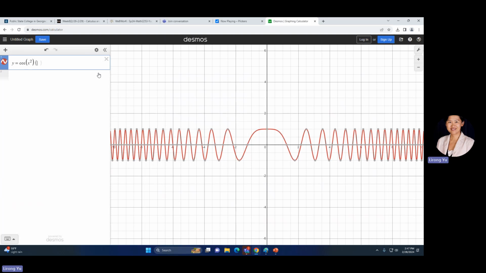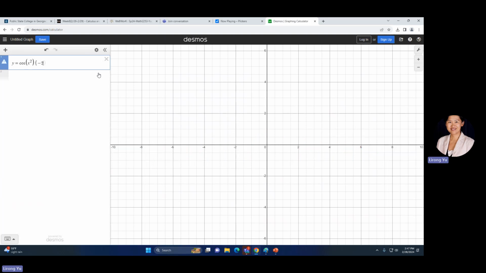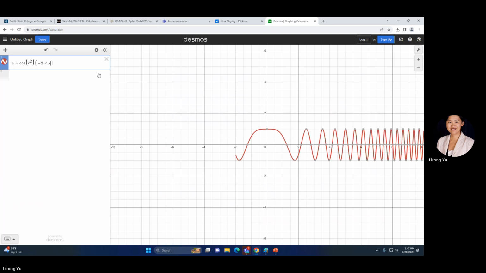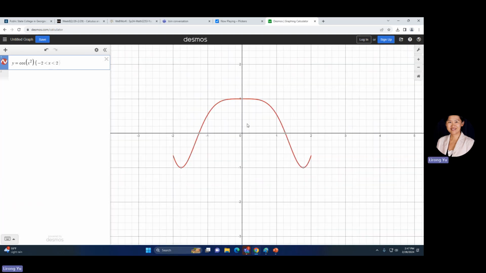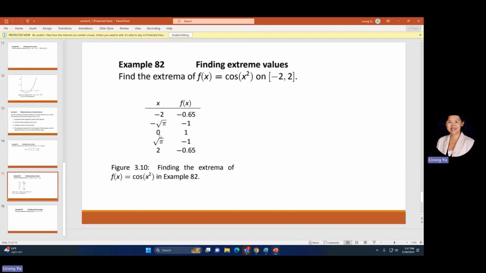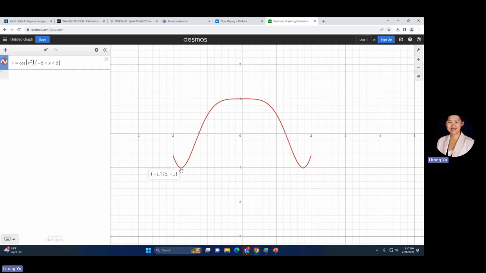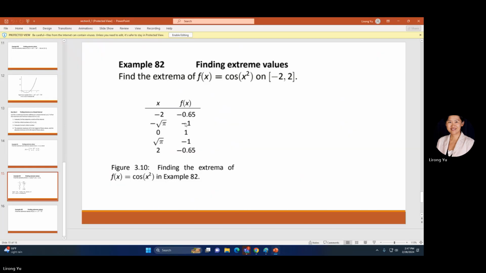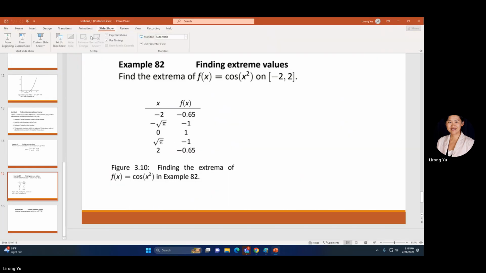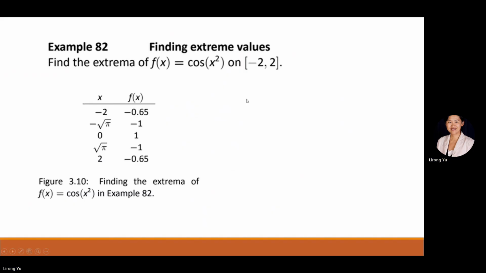What we need is x between -2 and +2. So we look, the highest value is at 0. When x equals 0 it is 1, and the minimum value is at this and this. That's the positive and negative root of pi. One maximum. Any question?